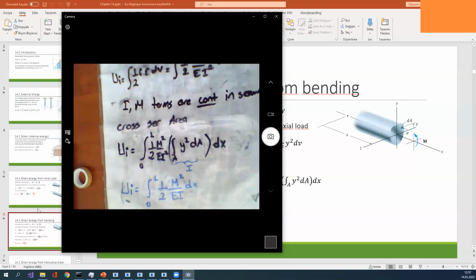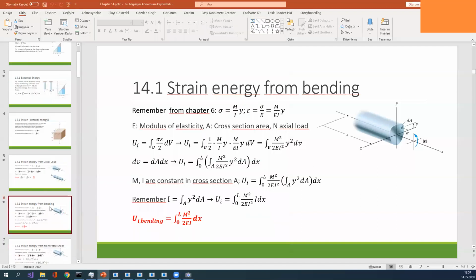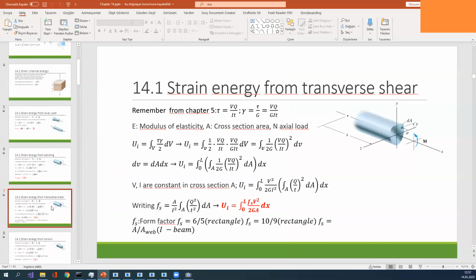Also, you can see in here, for transverse shear, I don't want to use my whiteboard. I can use this slide because I don't want to lose time on proof. Also, you don't need to learn the proof of these internal energies, but I just want to show how we can obtain this by using similar techniques.